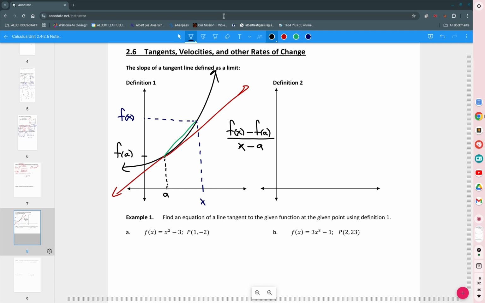To find the slope of the tangent line, what do we do? How do we mathematically bring x closer to a? We slap on a limit. And this is actually definition 1 for what we refer to as a derivative.